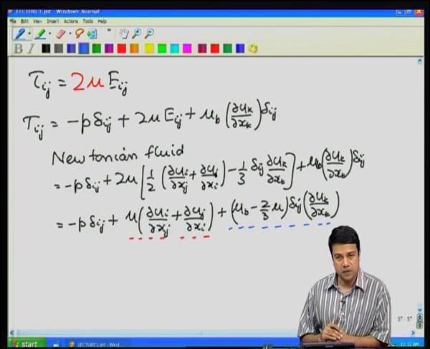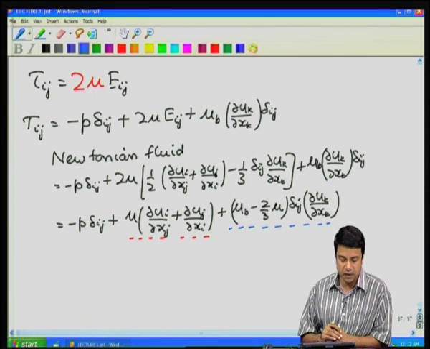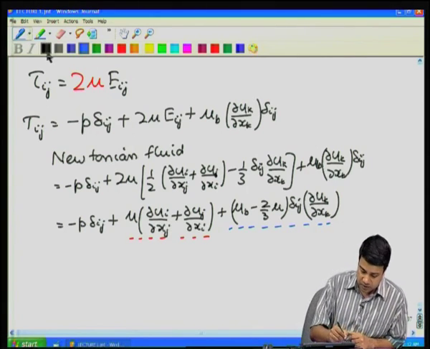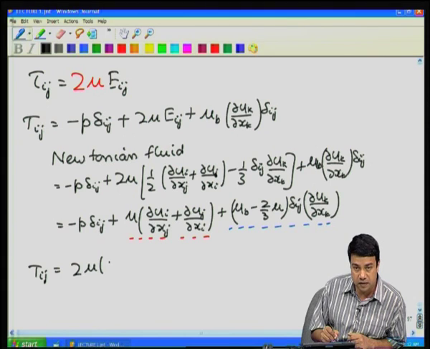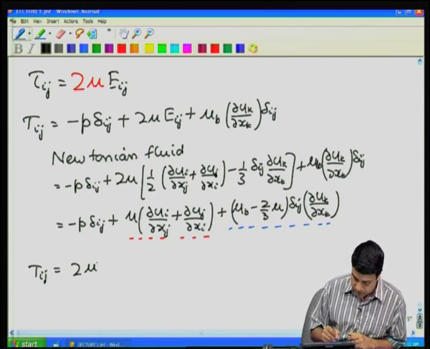So, in that case, if one were to write an expression for the stress tensor in terms of the rate of deformation tensor, the simplest way to expand it is to write T ij is equal to mu of the rate of deformation tensor, a function of the rate of deformation tensor. I will call it a generalized viscosity.